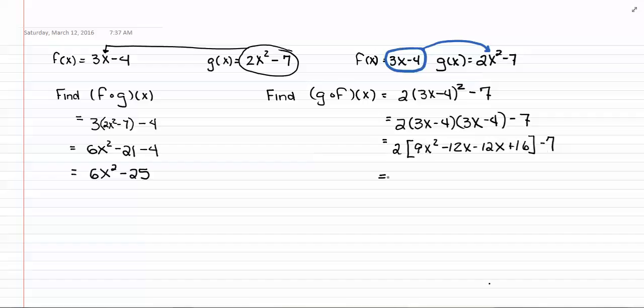But again, it doesn't matter how you do this. When you combine like terms, you get something very different than what you had before.